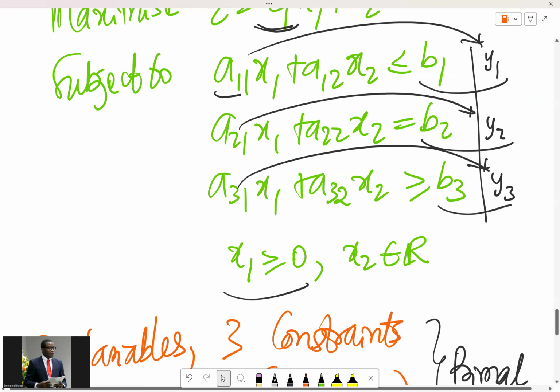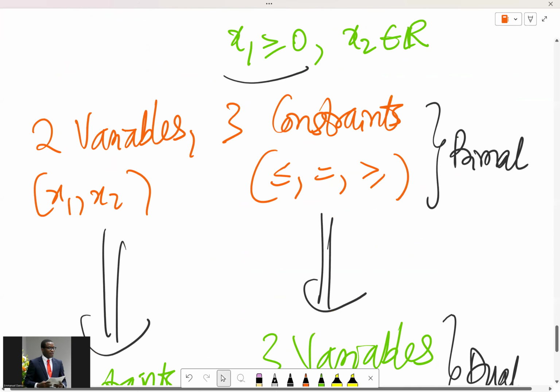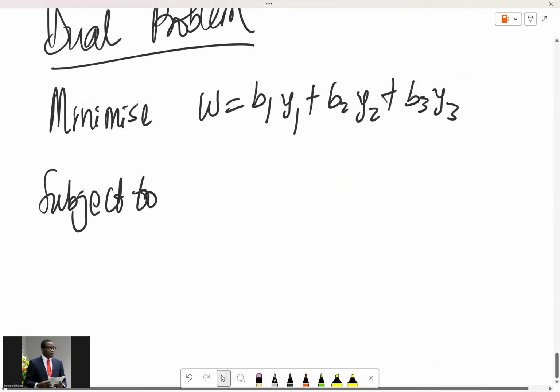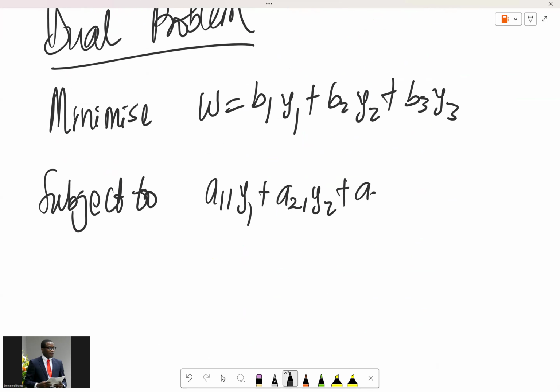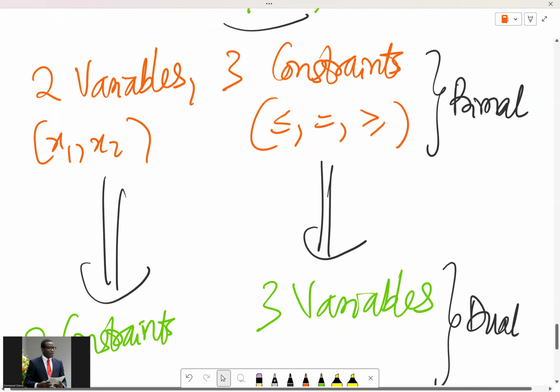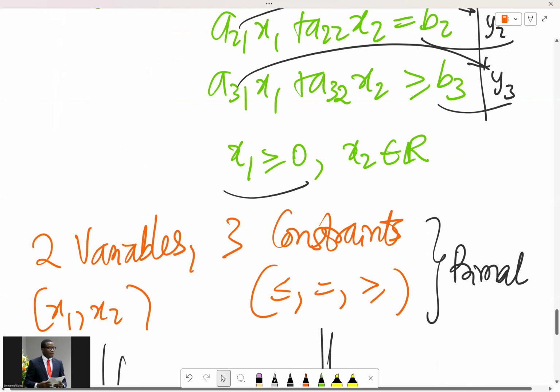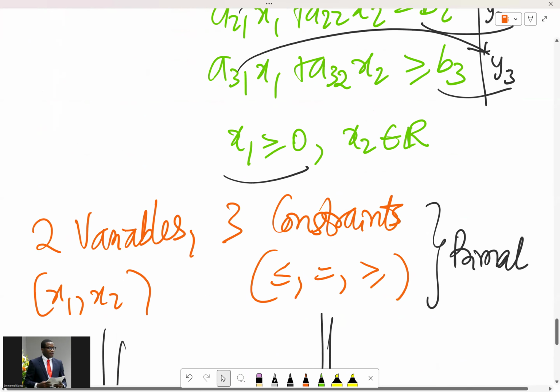So that will be subject to A11Y1 plus A21Y2 plus A31Y3 greater than or equal to C1. Again, the first variable, x1, is greater than or equal to 0.